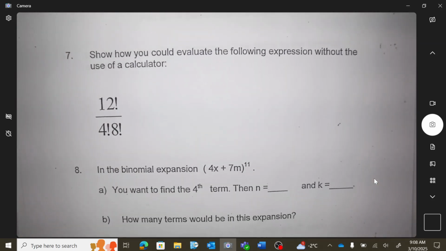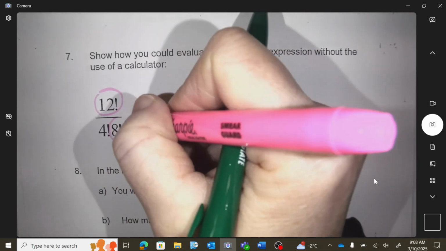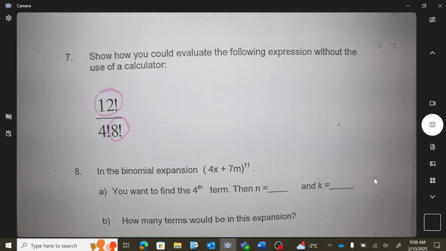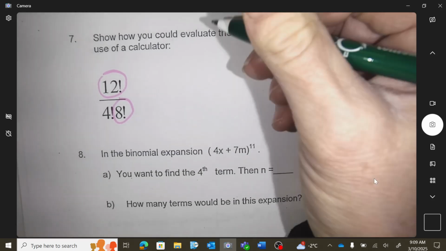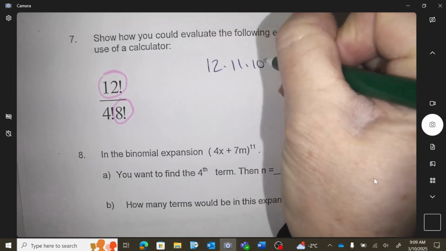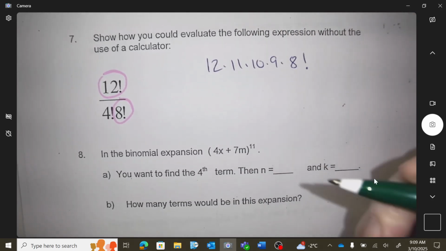Okay, so same idea. Pick 2 factorials. So I'm going to be picking these 2. So 12, 11, 10, 9, 8, and beyond.